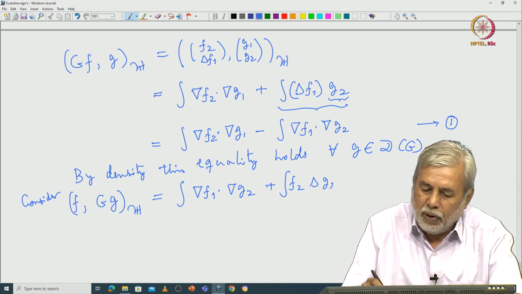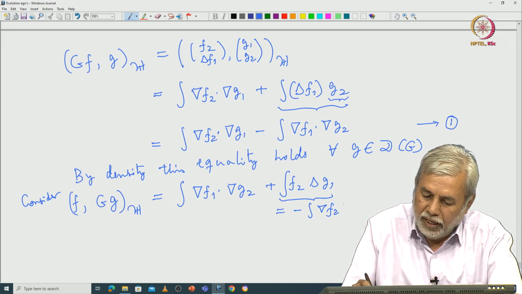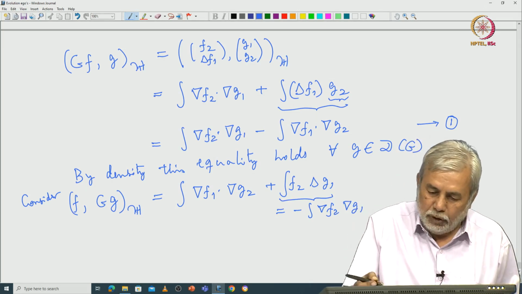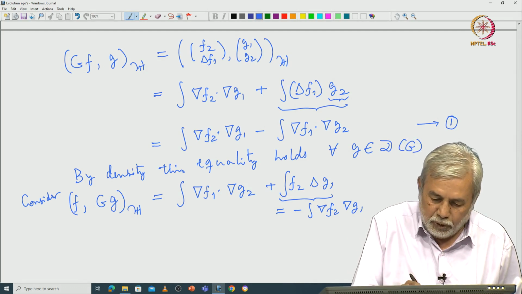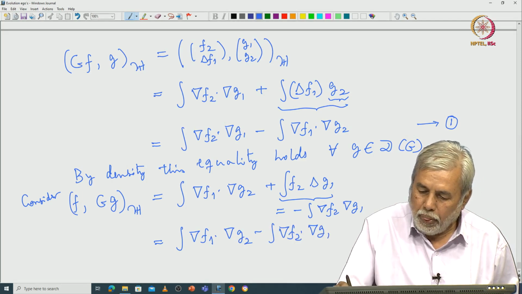Okay, and now here I want to integrate by parts first. Okay, so, this will give you minus grad f2 and grad g1, and again you extend by density to all f in D(G). So, we get here this grad g2 minus grad. So, this is 2. Okay.